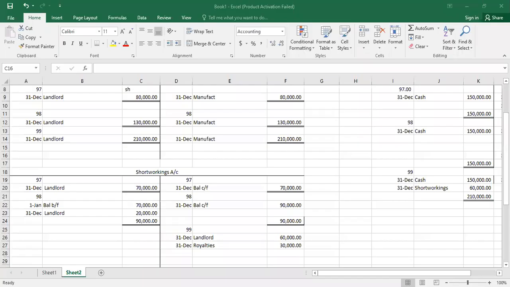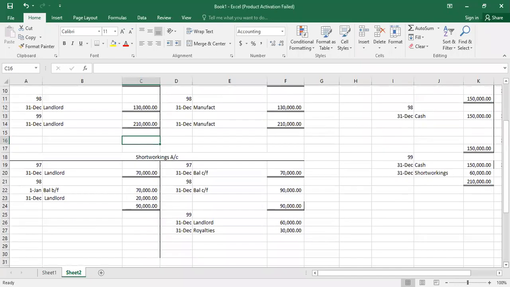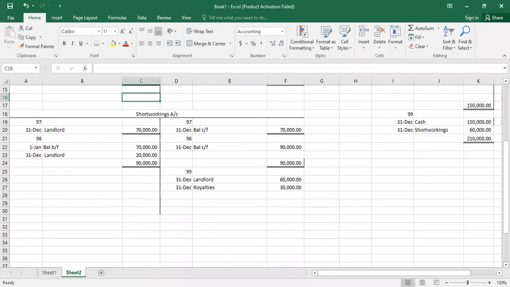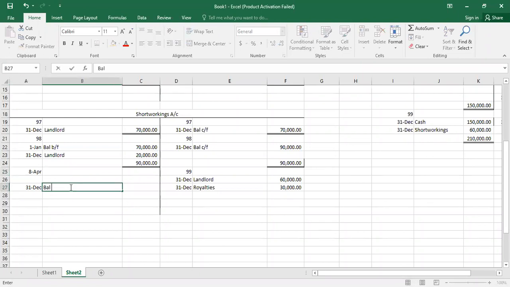So I go back, I want to close this account, the short workings account. So the balance as at 31st December, the year is 1999, this will be the balance to be carried down.